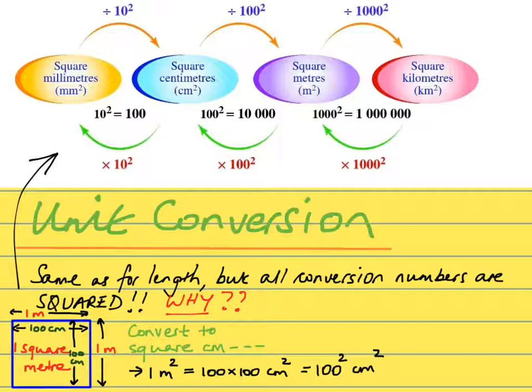So you can see, if to get metres into centimetres you have to multiply by 100, then because of the shape of a square or an area shape, to get from square metres to square centimetres, you've got the length and the width each multiplying by 100, which gets you 100 squared. And the same thing applies for converting any area to another area.